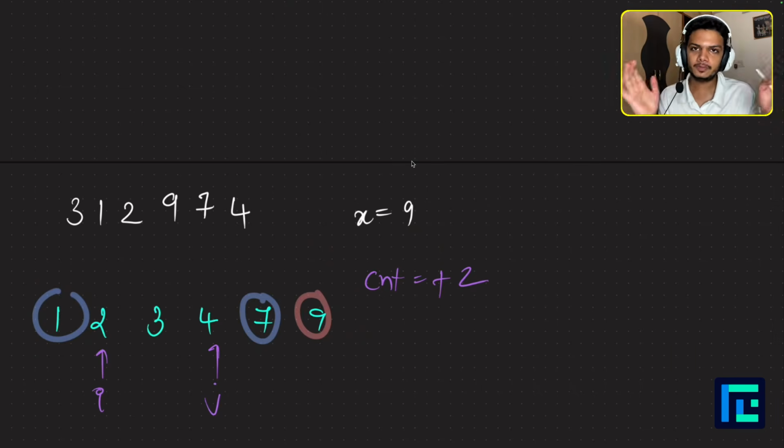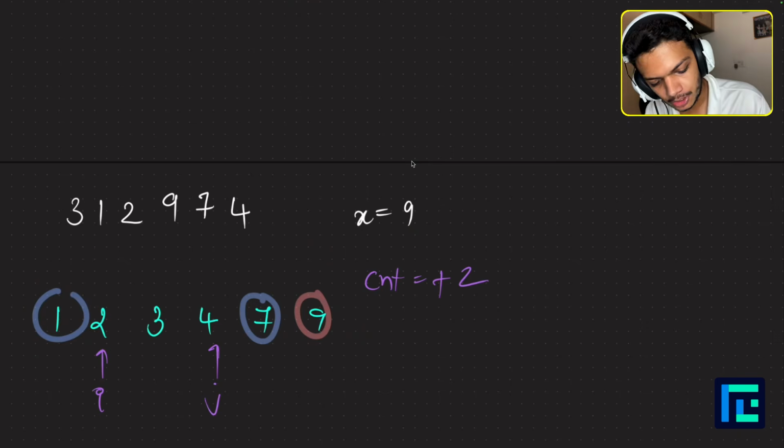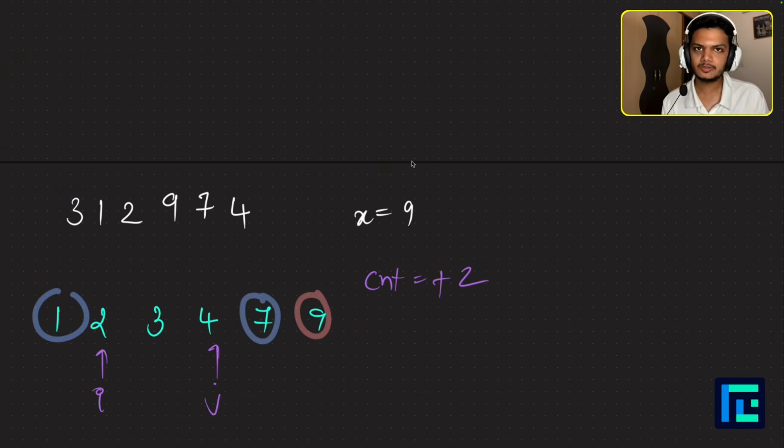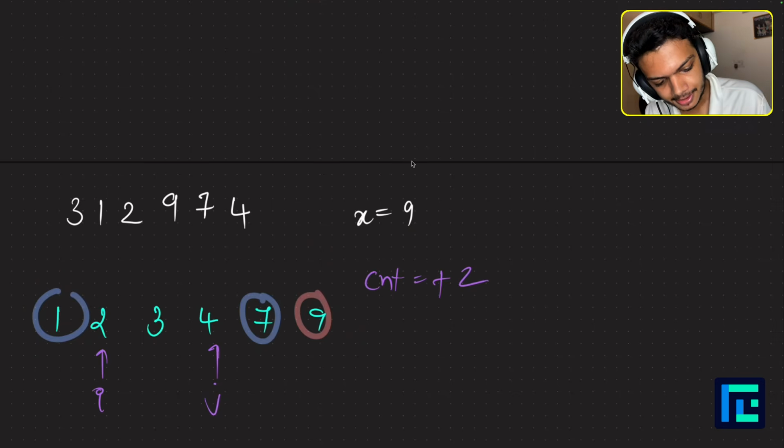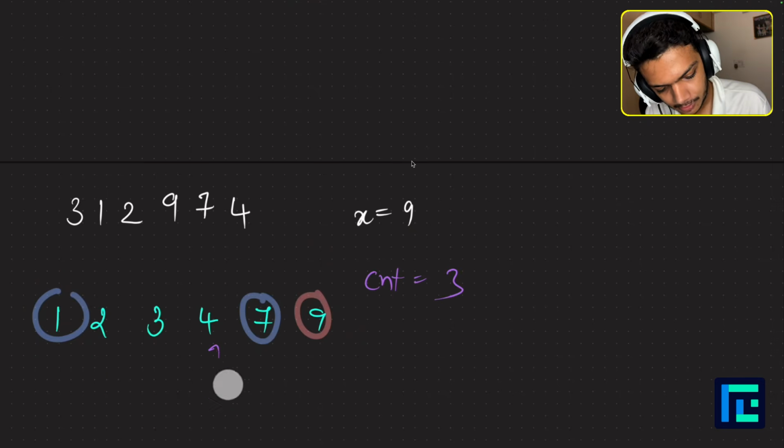If we can do it, we put both of them in a single gondola. Fine. So now you have 2 and 4. Now, is 2 plus 4 less than or equal to 9? Indeed, it is. You can put the heaviest possible guy available to you with the lightest possible guy available to you. So yeah, indeed. Let's do this. So we will increment our gondola count to become 3, and we'll move ahead.